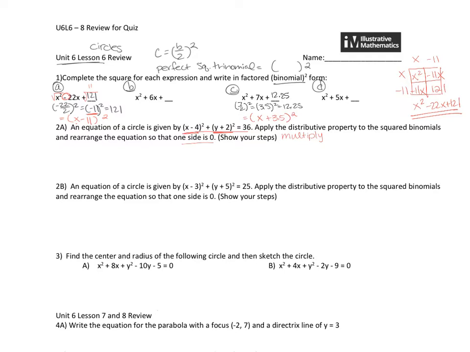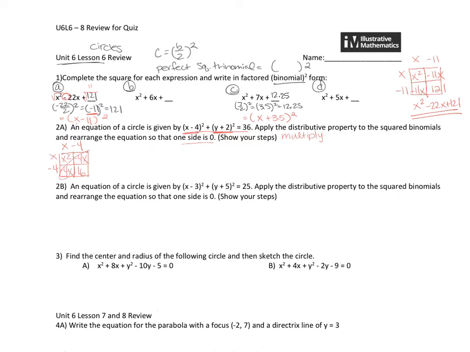So let's begin. I'm going to use box to do my x minus 4. So I have x minus 4 across the top of my box and x and minus 4 down the side of my box. And it's a 2 by 2 box because I'm multiplying two things by two things. X times x is my x squared, and negative 4 times x would give me negative 4x. Another negative 4 times x would give me another negative 4x. And finally, negative 4 times negative 4 is 16.